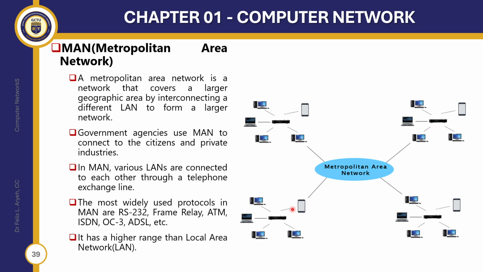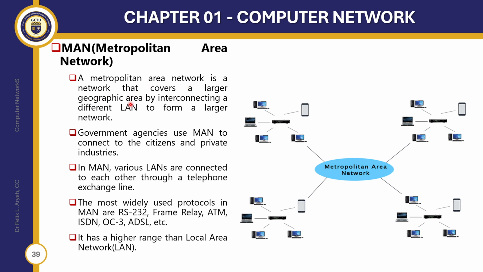If, for instance, GCTU has 4 campuses in Accra, they can set up a local area network in Campus 1, Campus 2, Campus 3, and Campus 4. And when all these local area networks are put together, we can have a metropolitan area network.